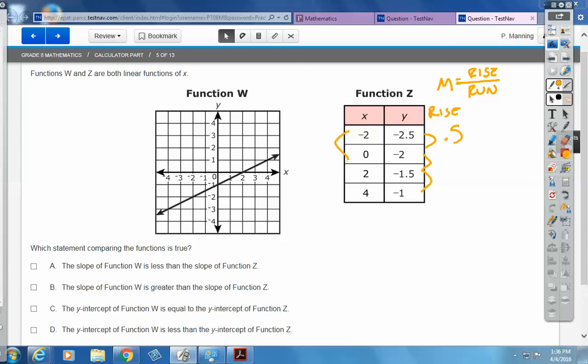The run, each time we're going up by 2. And so my slope is rise divided by run, so I have 0.5 divided by 2, which is equal to 0.25.